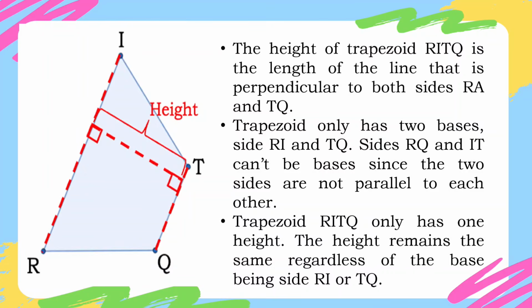Trapezoids only have 2 bases, side RI and PQ. Side RQ and IT can't be bases since the 2 sides are not parallel to each other. And the trapezoid RITQ only has one height. The height remains the same regardless of the base being side RI or PQ.